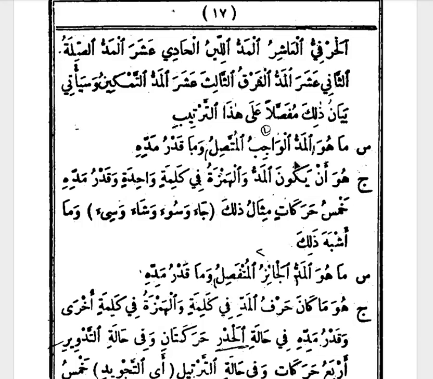So they said, هو أن يكون المد والهمزة في كلمة واحدة وقدر مده 5 حركات مثل ذلك. This is maddul wajib al-muttasil. It is when the letter of madda and the hamza occur in a single word. The letter of madda can be alif sakina, waw sakina, and ya sakina.